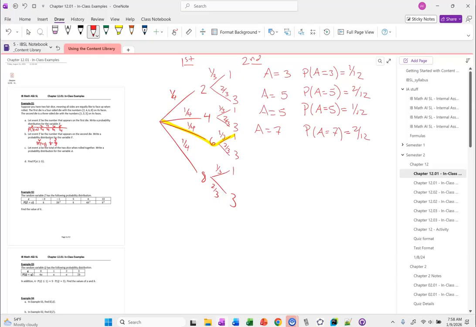That is a 7, and the probability there would be 1/12. We have this one. It's a 9, and the probability there is 2/12.